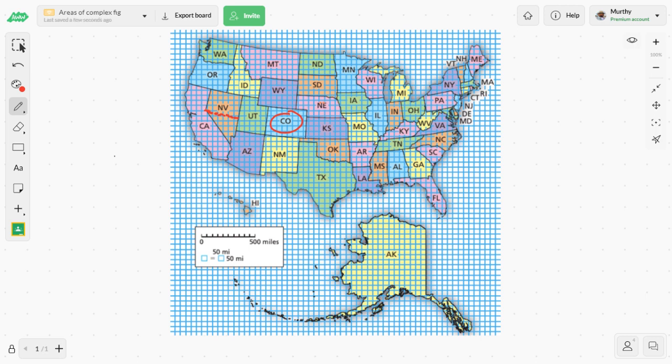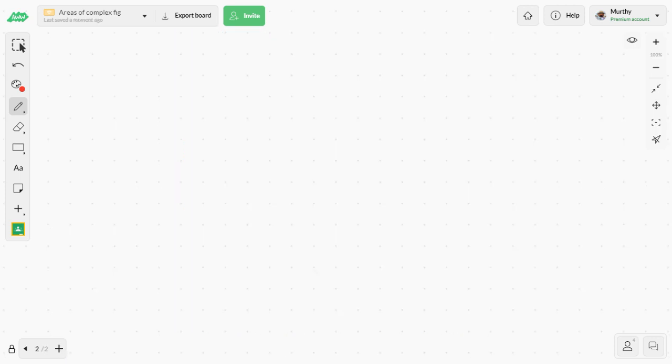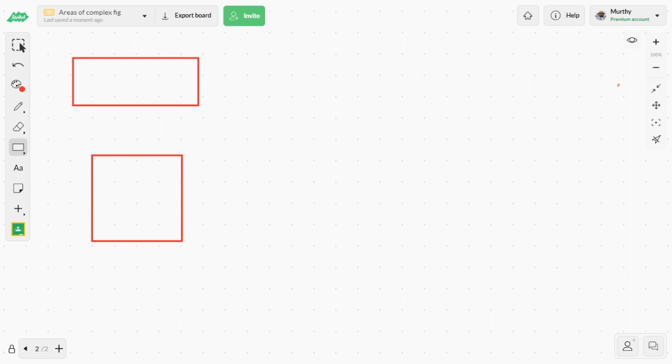So basically, you know that if you are given a rectangle or a square, this is the rectangle and this is the shape of a square. And if I give a triangle, you know how to find the area of a triangle too, right? So these all are the regular shapes.